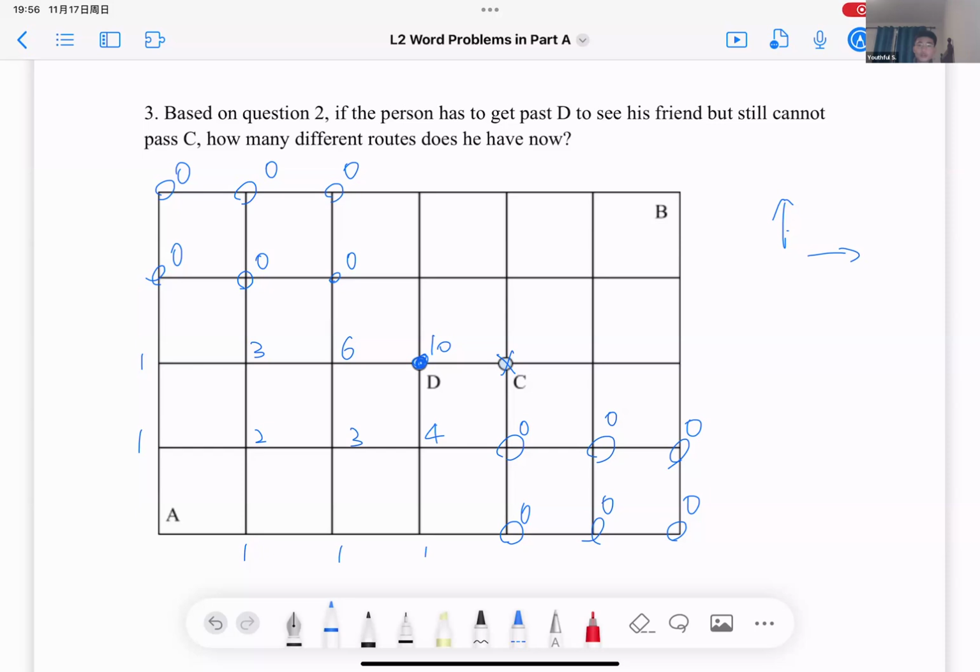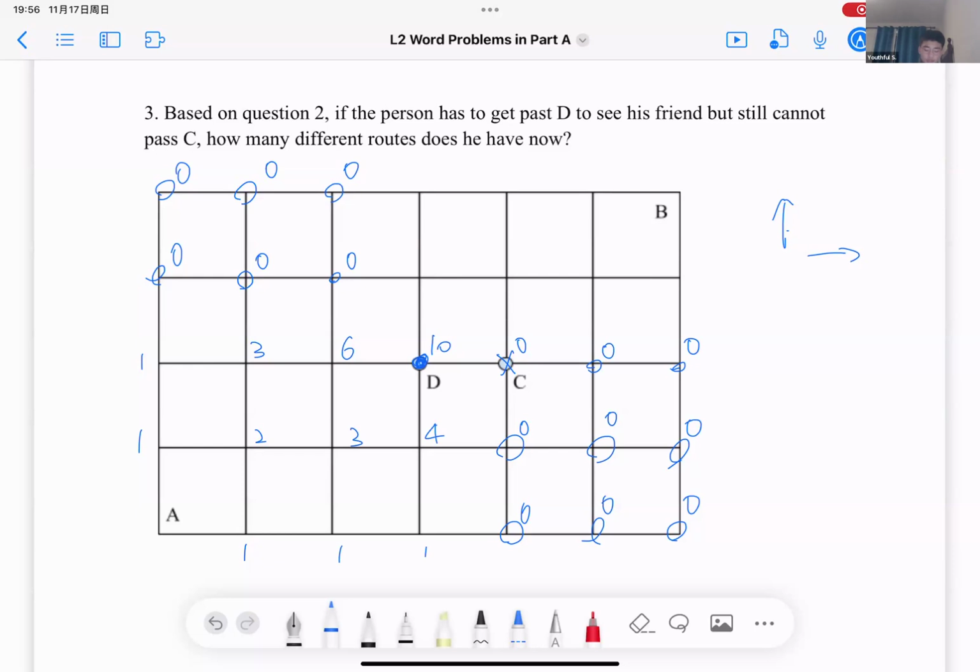Now we're going to go from D to B. It's our second section in this question. You notice you cannot get past C. So what about those 2 points? These are 0 plus 0, 0, 0 plus 0, 0. It's kind of embarrassing because there's basically nothing under here.